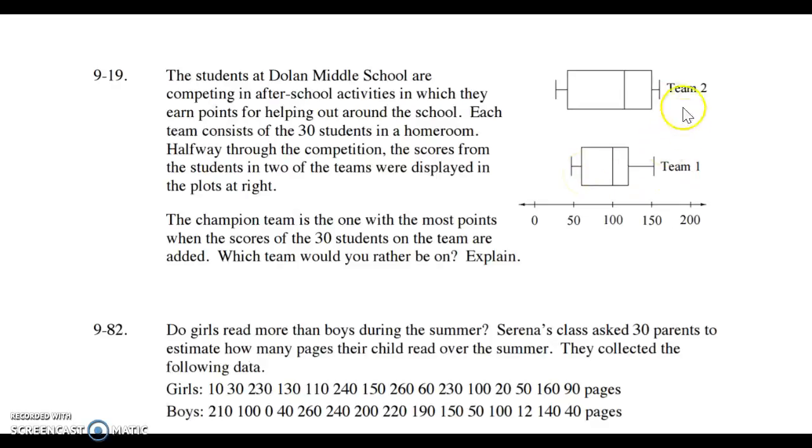You would likely choose Team 2 because the IQR, the interquartile range, is greater than Team 1. The median is as well. And we've got about a fourth of an IQR greater than Team 1.